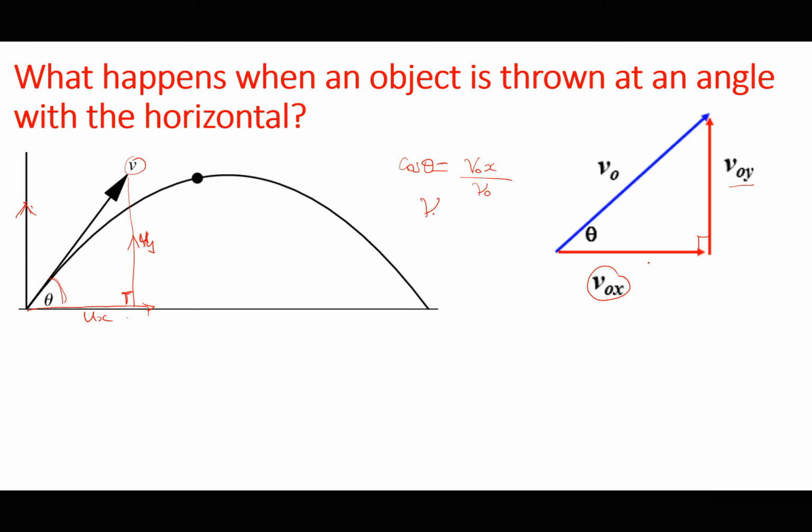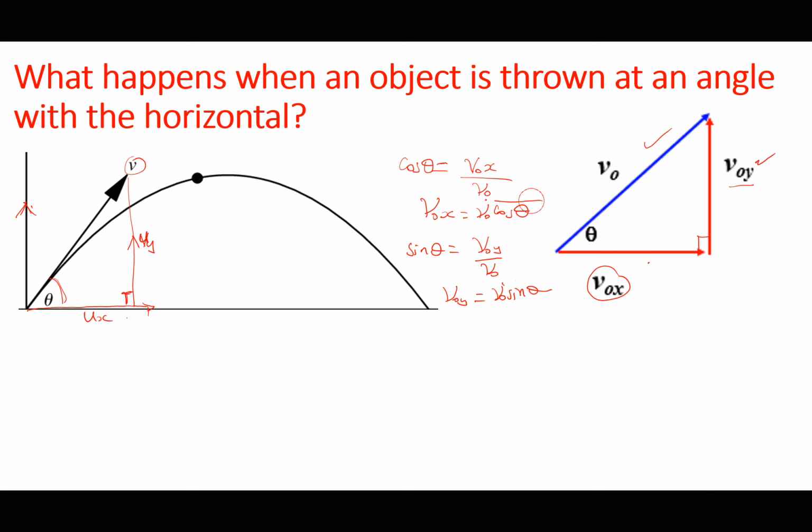So the component of v naught in the horizontal is going to be v naught cos of theta. If I consider the opposite and the hypotenuse, that will be sine, and I'll have that sine of theta is equal to v naught in the vertical divided by v naught. So v naught in the vertical is going to be equal to v naught sine of theta.